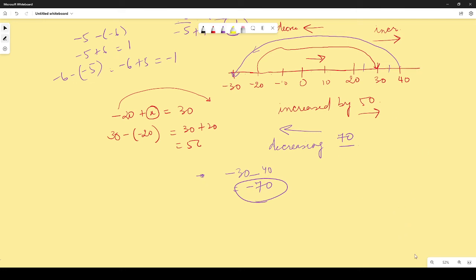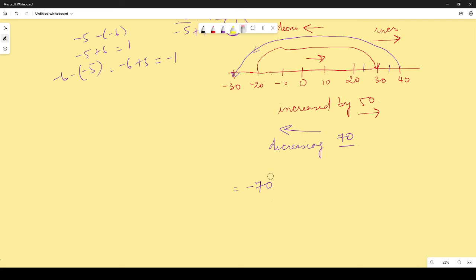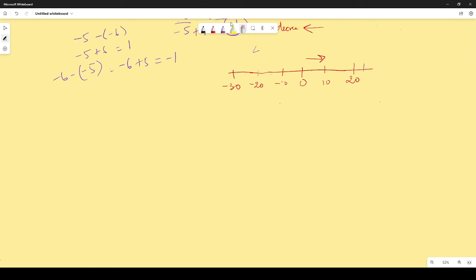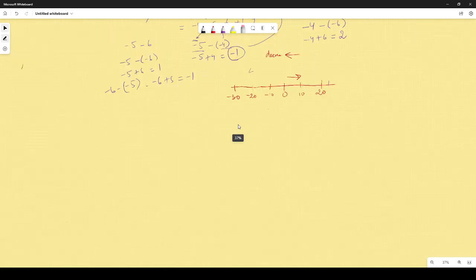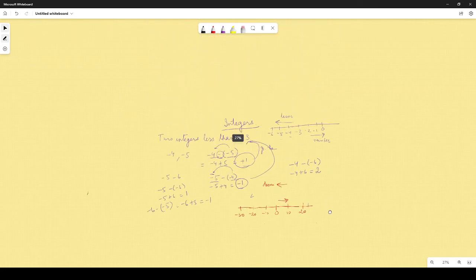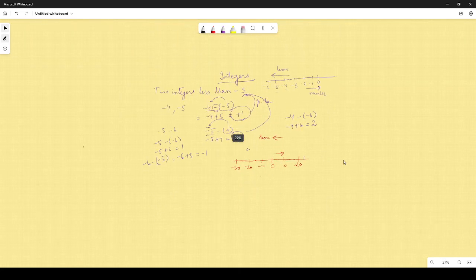We can do that. So let me just erase this. The next thing that we are going to do after integers is, just a minute. Let me just reduce the size so that I am able to erase it quickly.